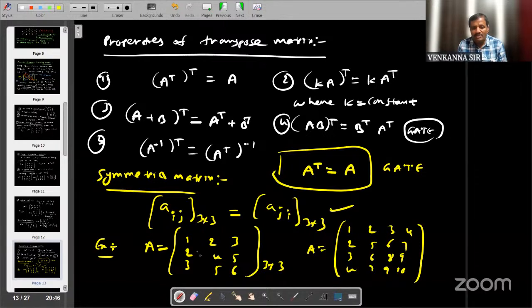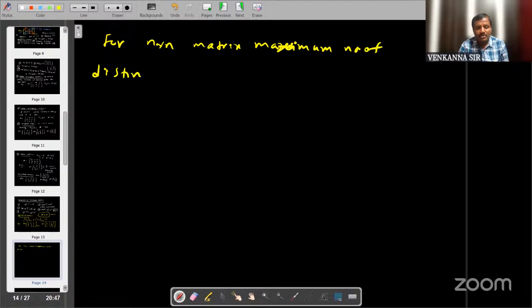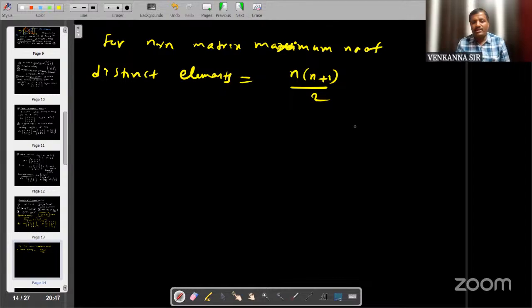If you take an n by n matrix, the maximum number of distinct elements is equal to n into (n plus 1) by 2. So remember this formula: for an n by n symmetric matrix, the maximum number of distinct elements is n(n+1)/2. This is also a very important formula.